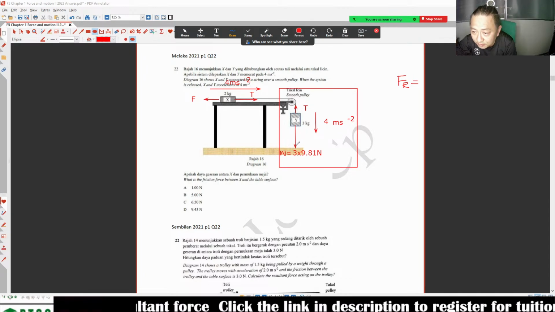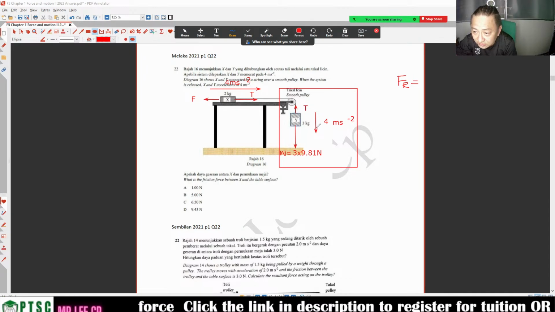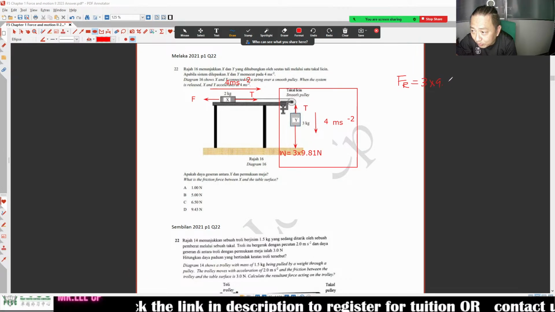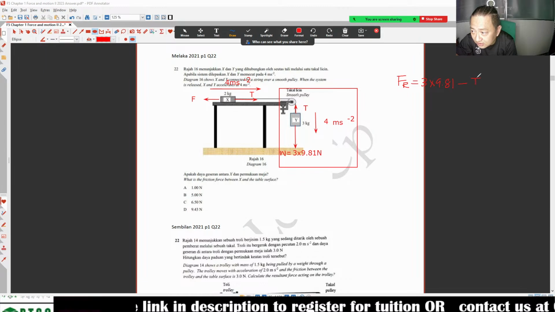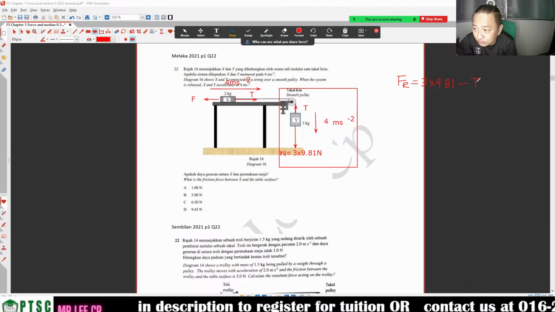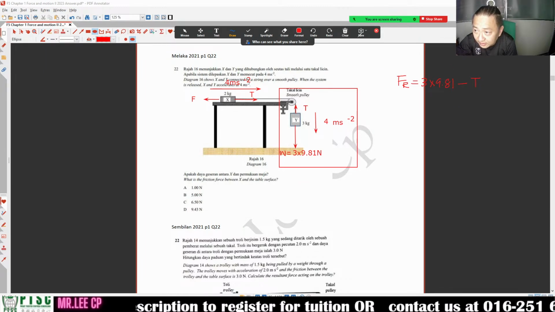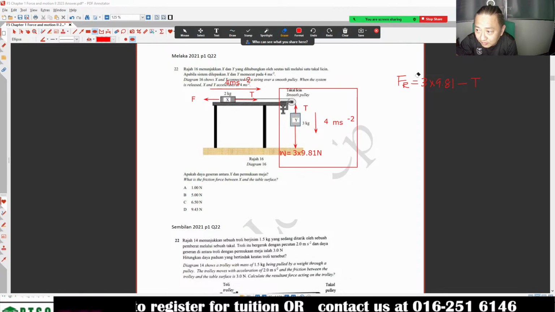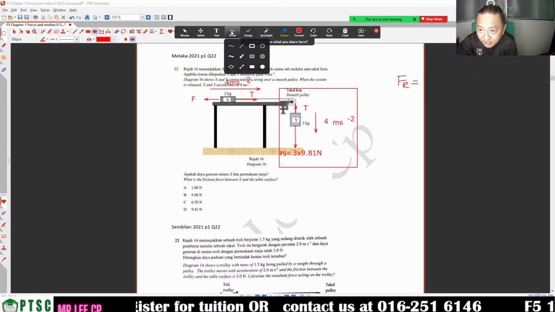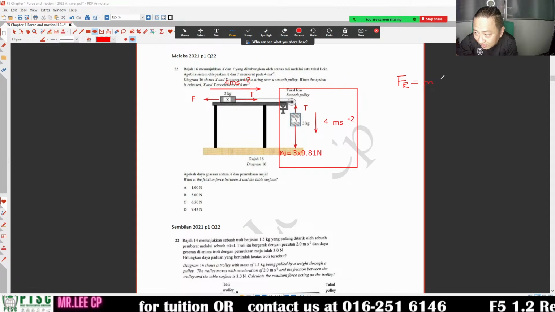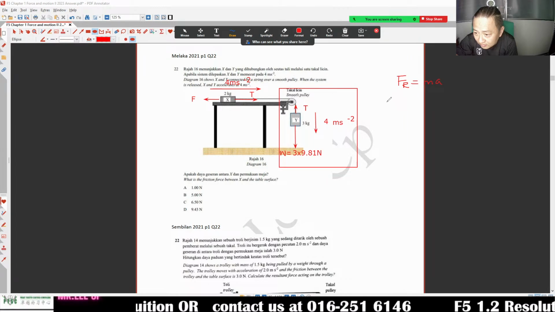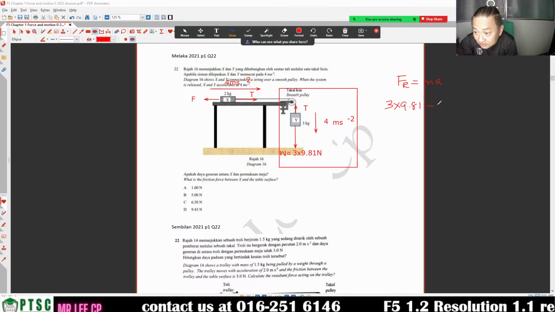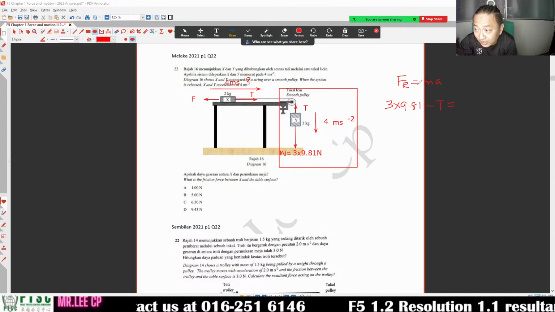So the bigger minus the smaller, because this one is moving downward. The bigger is 3 times 9.81 minus T, equals, F equals MA. So 3 times 9.81 minus T is equal to MA.